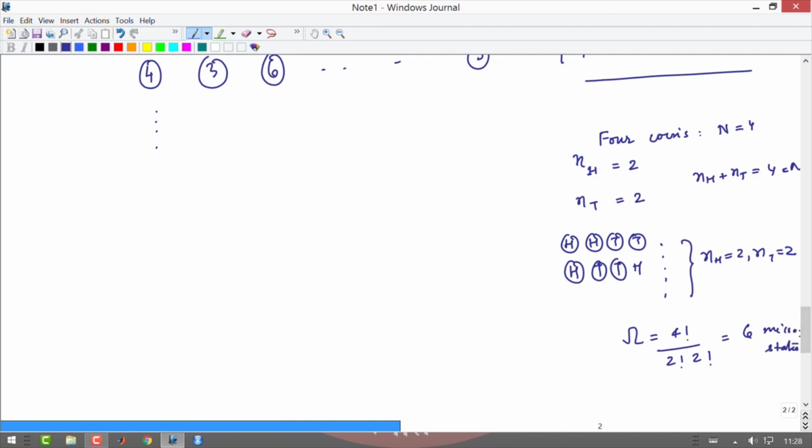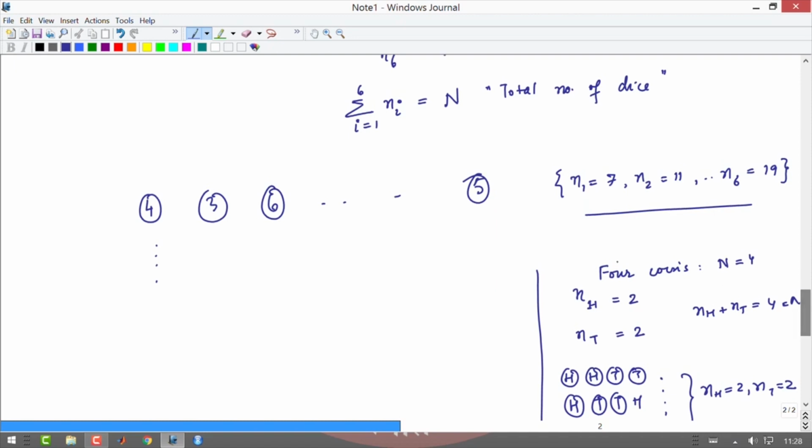Okay, so that was a simple example from a coin. Let us go back to our example of the dice.